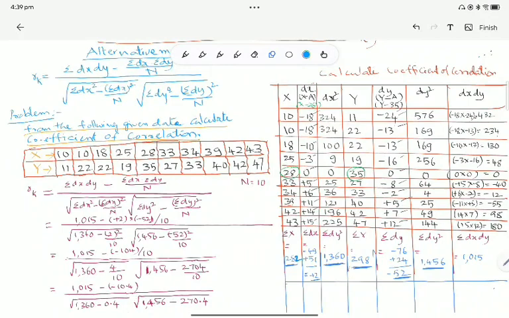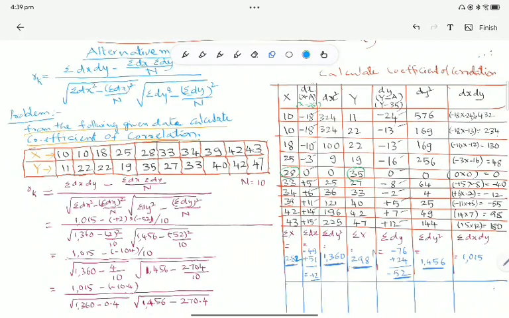Here we take 35 as the assumed mean. This assumed mean is deducted from each and every observation given in the y series, and only then do we find the dy value, the deviation of y. 11 minus 35 is minus 24, its square value dy square, minus 24 into minus 24, 576.